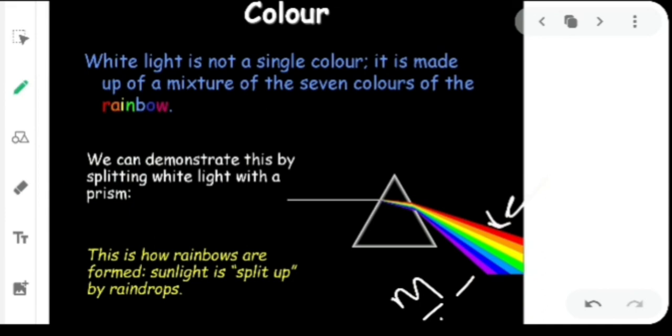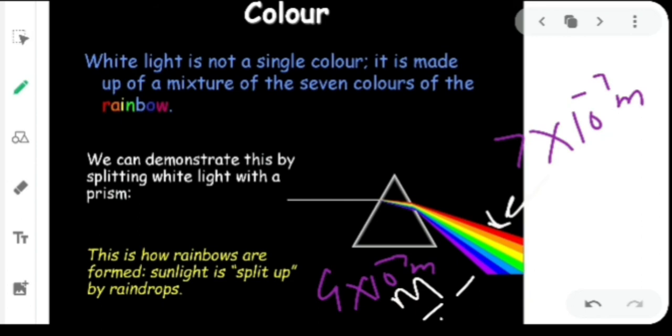For the violet light, the wavelength would be about 4 into 10 raised to minus 7 meters. And for the red light, the wavelength would be 7 into 10 raised to minus 7 meters.